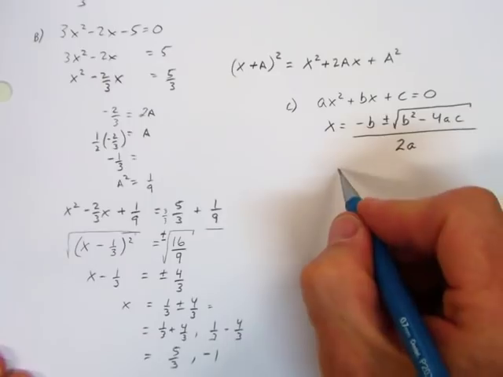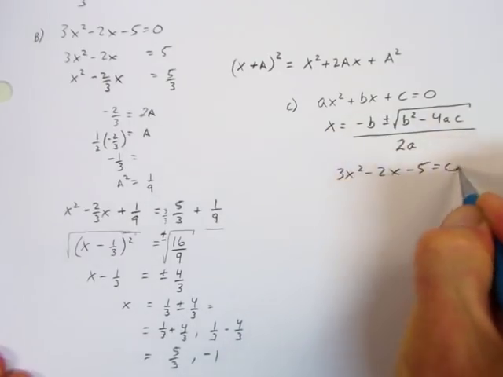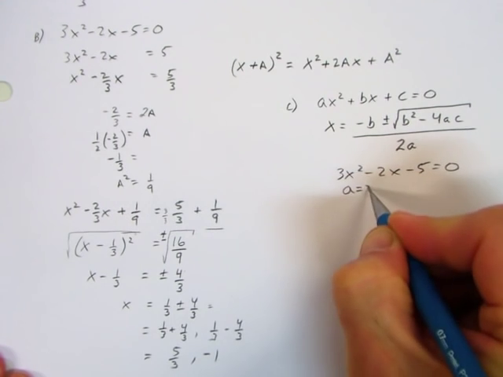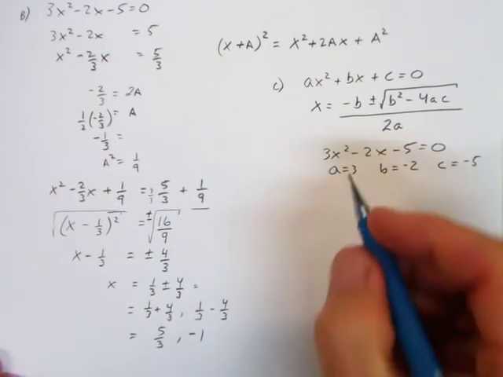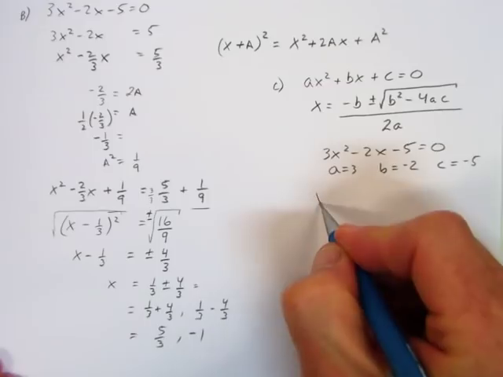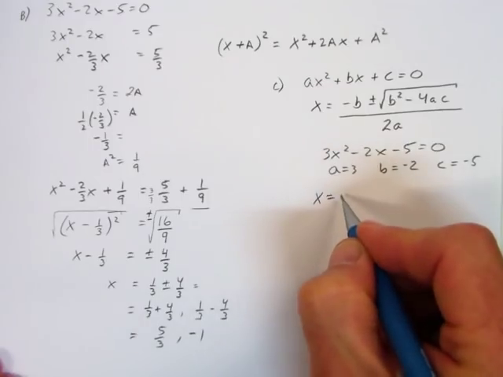So in this particular problem, when we say 3x squared minus 2x minus 5 equals 0, a is 3, b is negative 2, and c is negative 5. So now let's plug it in. And one thing I'm a stickler on is I always want to see what your variable is, your variable equals.